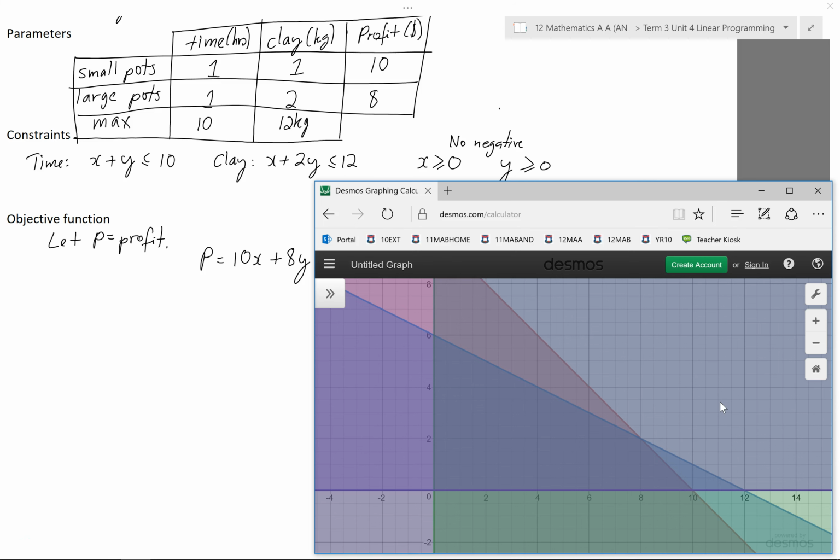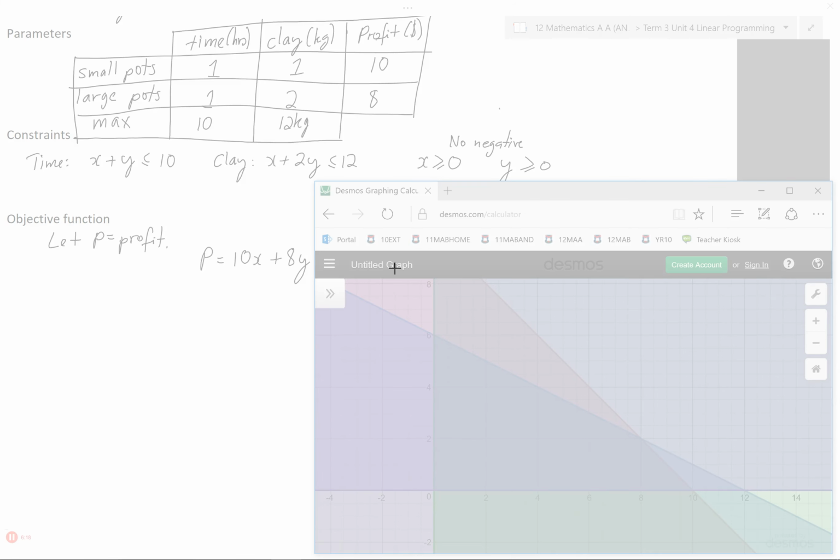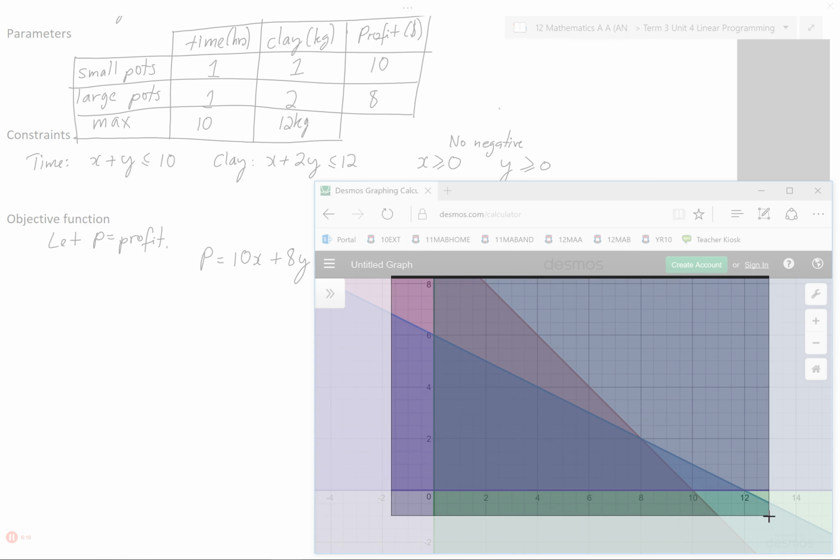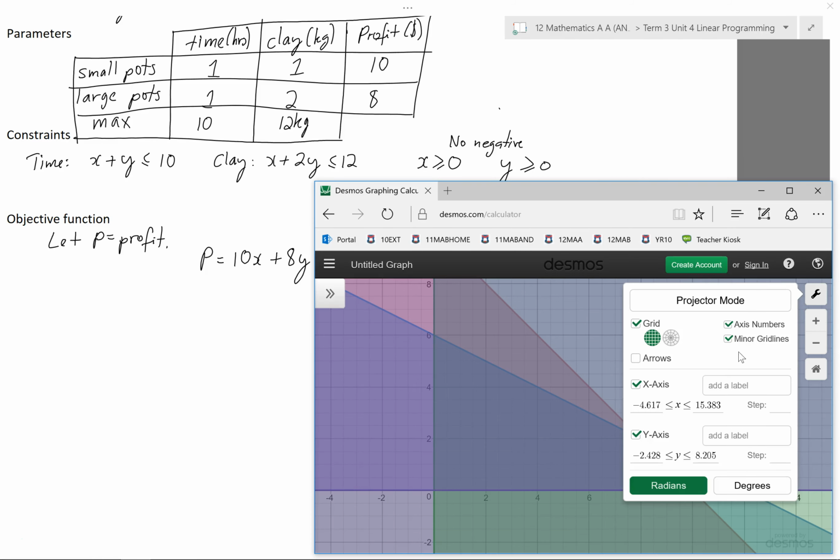So what I can then do if I'm doing an assignment or something, for example, I could just screenshot this graph. I'd probably go into settings first and add some labels here. So this was X small pots and the Y value was large pots.